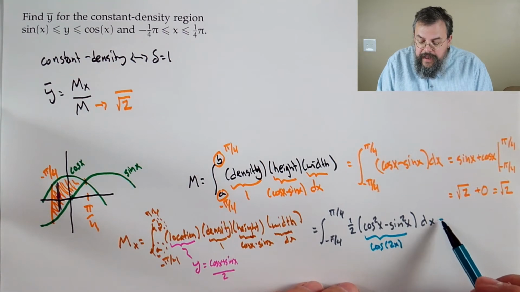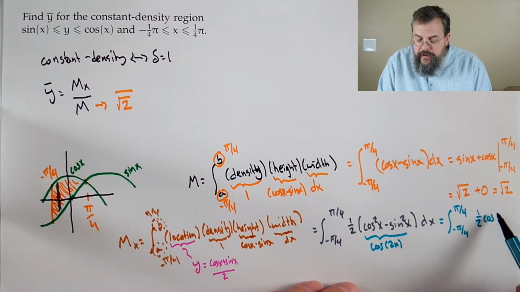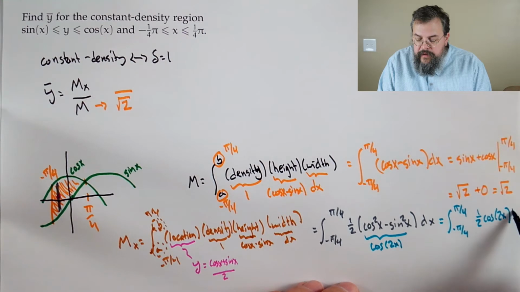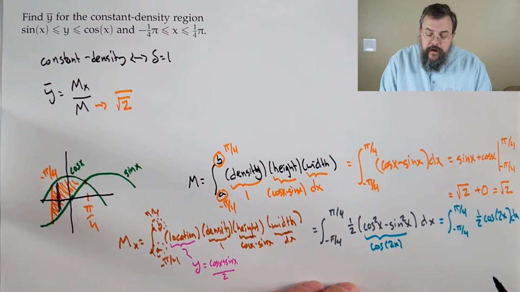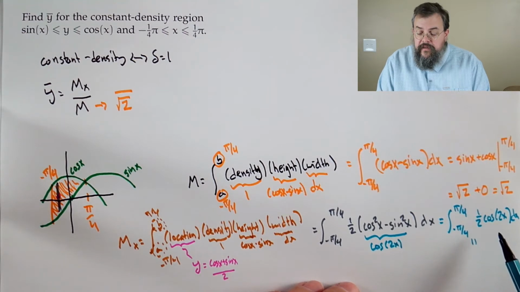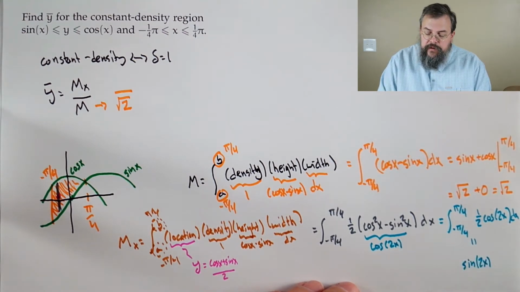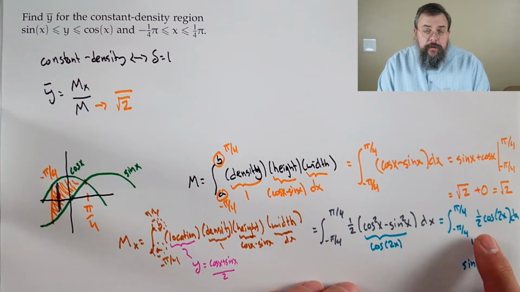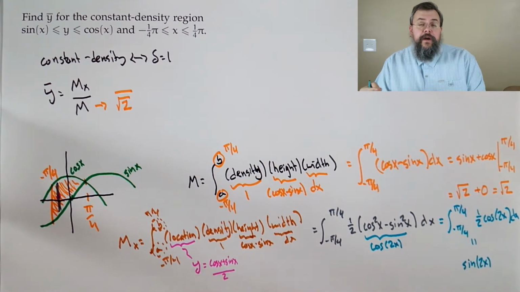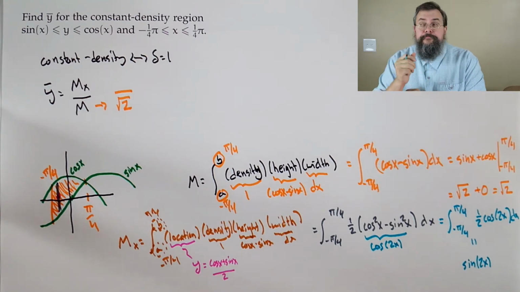So we say, hey, that makes the integral all of a sudden a lot easier. So it's minus pi over 4 to positive pi over 4, 1/2 cosine 2x. Well, all right, that we can integrate. Integral cosine is sine. So it's sine of 2x. And now we think what goes in front. Currently we had a half. When we integrate, we have to account for the 2 on the inside, that 2x.